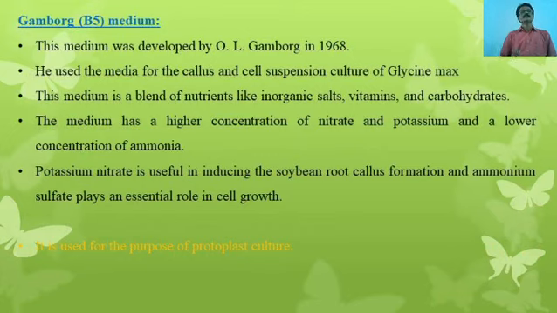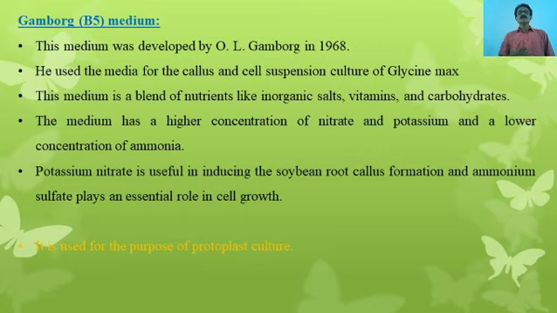Okay, then B5. It was developed by Gamborg, O.L. Gamborg in 1968. It is mostly used initially for the callus and cell suspension culture of Glycine max. The medium is a blend of nutrients like inorganic salts, vitamins and carbohydrates.